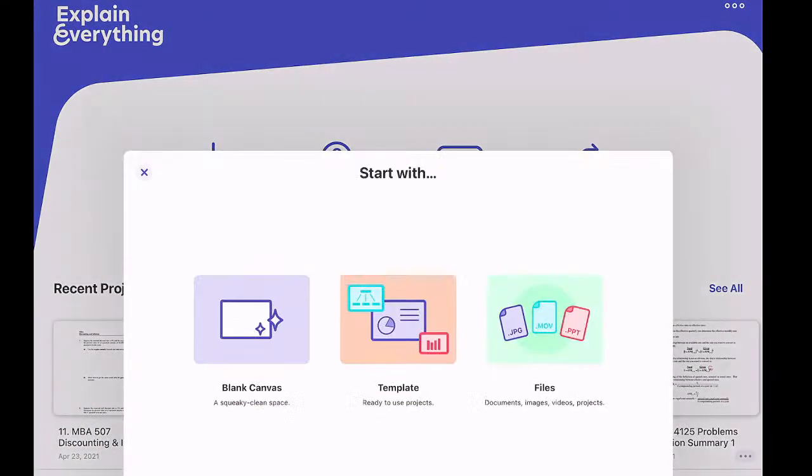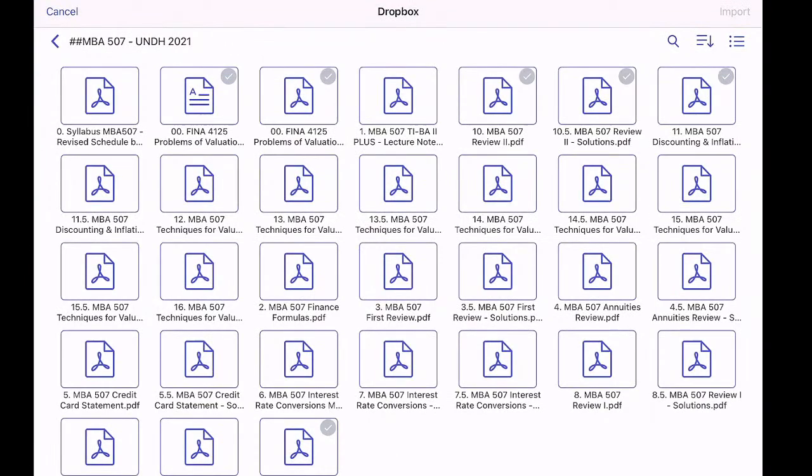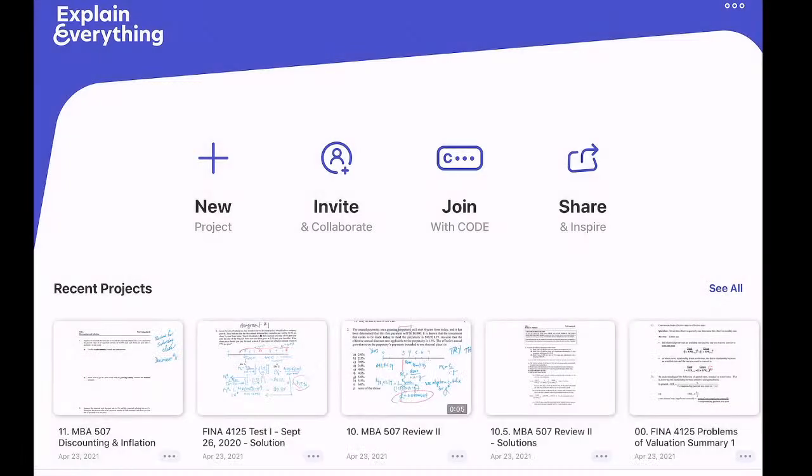Okay, so now what I want to do is start the new material. Document 12.